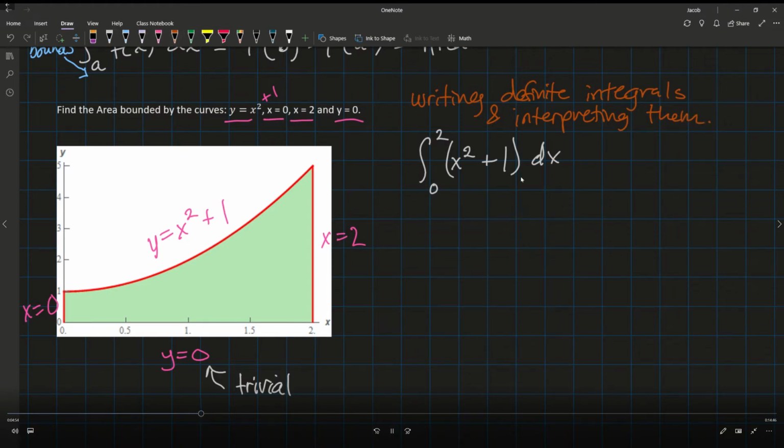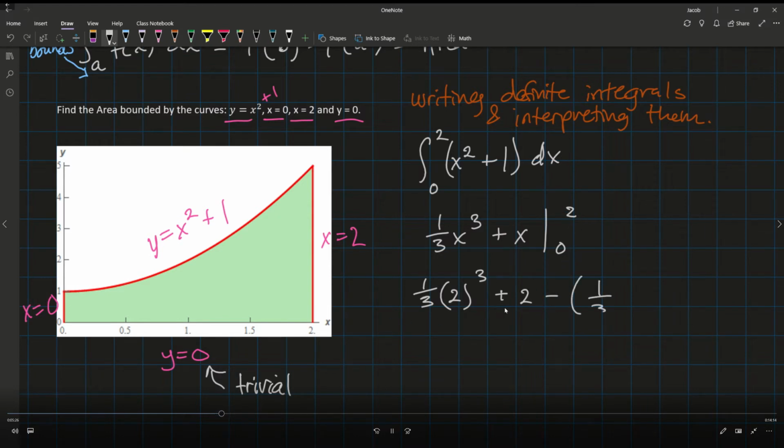So if we carry on with this integration, we get 1/3 x cubed plus x, and then I'm evaluating it from 0 to 2. So I'll plug in 2 first. This is how last week was, basically, and then I'll plug in 0. This side is just going to be 0.